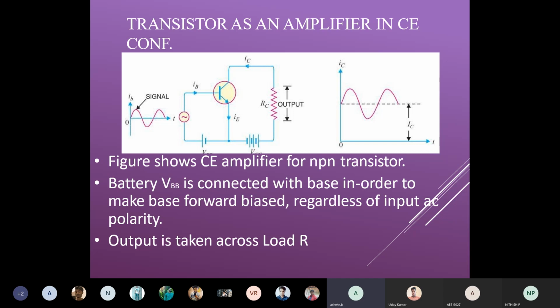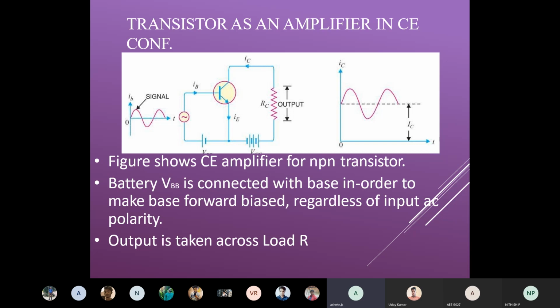Look at this, the current variation will be there. Base current of 1 milliamp means collector current will be 100 milliamps. For example, if I increase base current to 2 milliamps, the collector will flow 200 milliamps. If I increase to 3 milliamps, the collector current will flow 300 milliamps. This is just a typical value. If there is no current, the output has no current but the voltage is maximum.